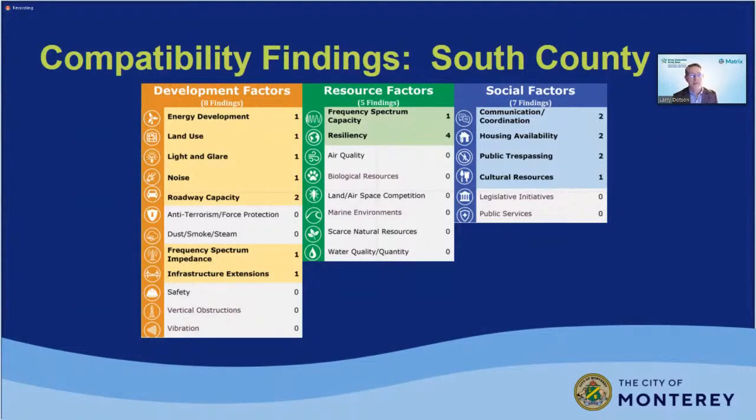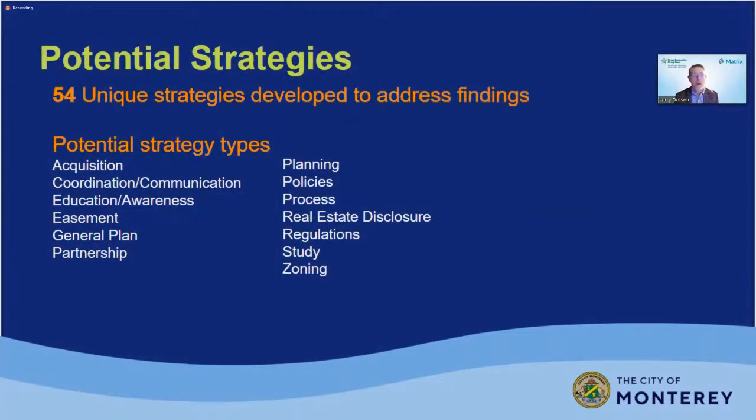That distance and geography enhances the compatibility, if you will. So they benefit from that. We identified 54 strategies down there, a few more traditional policy-type recommendations.